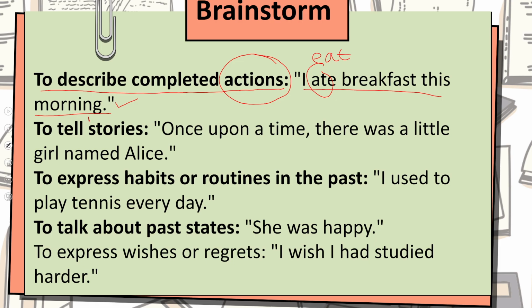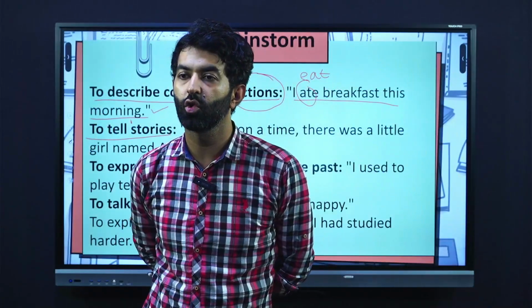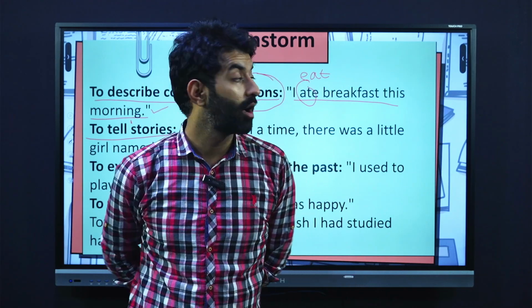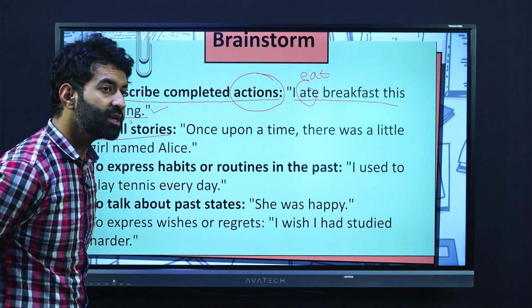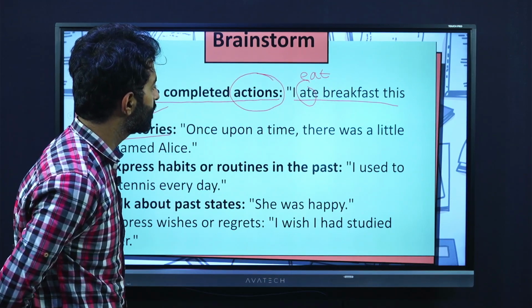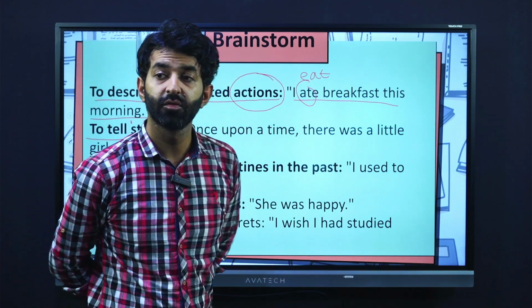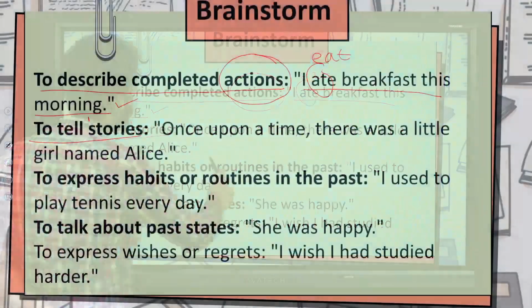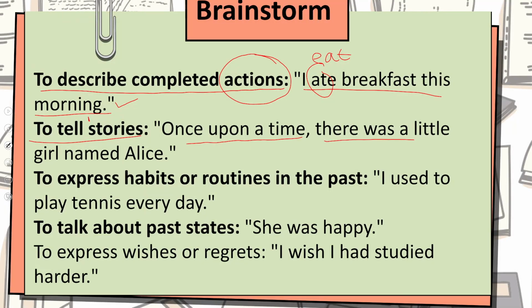Alright? We use past tense to tell stories. If you have read folk tales, fairy tales, stories, short stories, or even if you're telling actually your personal stories, so you will use the past tense because we are talking and referring to the past. For example, once upon a time, there was a little girl named Alice.